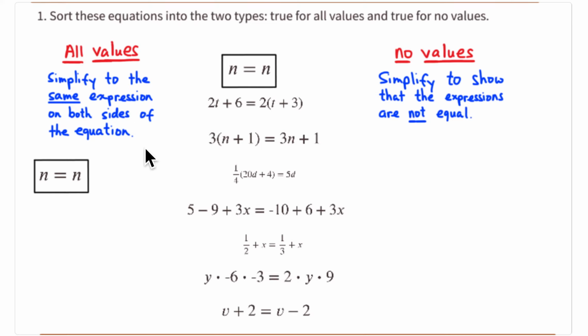So the first one's pretty easy. n equals n. Any value you choose for n is going to equal the same value on the other side. Now you can rewrite this, and I'm going to treat these variables as x because I want to look at them as y equals mx plus b, the slope-intercept form of an equation.